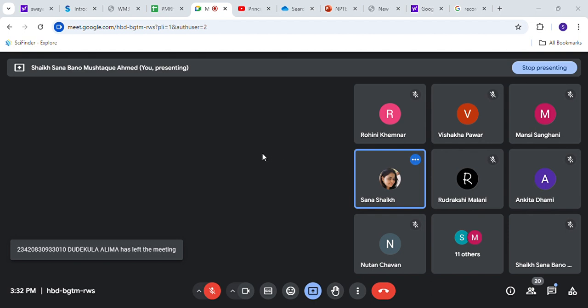So talking about the Grignard reaction mechanism, what will happen? Here we have CH3MgBr, methyl magnesium bromide. It will attack on the electrophilic center in carbon dioxide, which is carbon, right?